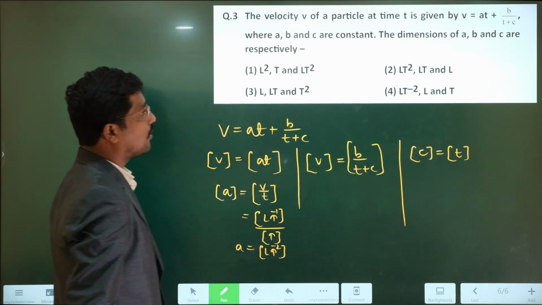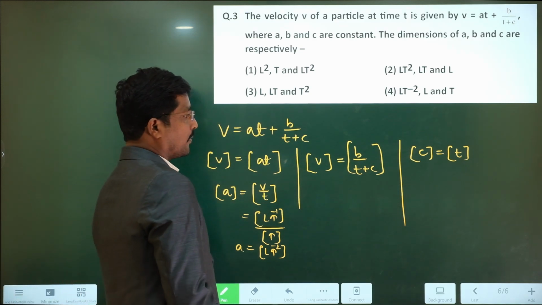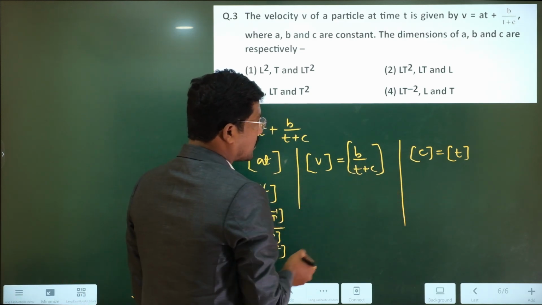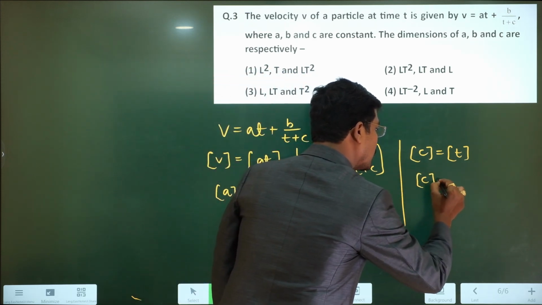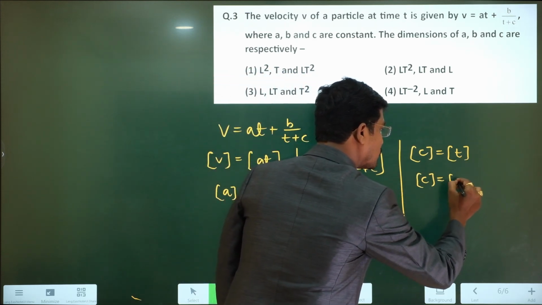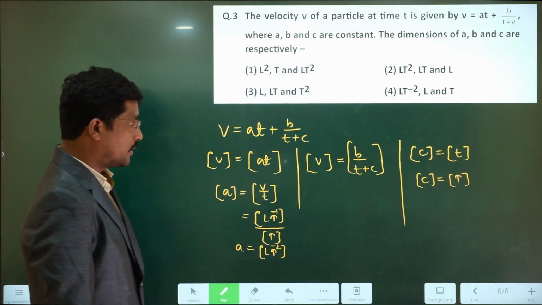The dimensions of a is L T power minus 2, as well as the dimensions of c is equal to the dimensions of t. We know that the dimensions of t is nothing but time. So c equal to T.